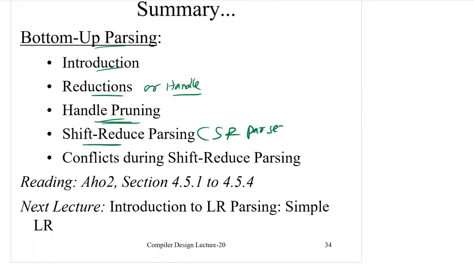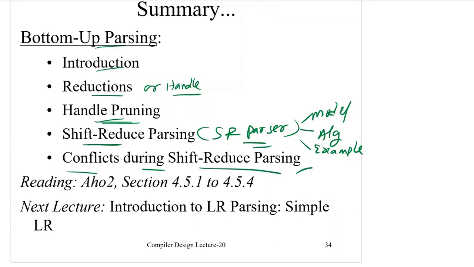We discussed the SR parser model, then the working algorithm, and an example problem was also demonstrated. Finally, conflicts during shift-reduce parsing, that is SR and RR conflicts, with examples. The reference for this is Aho, sections 4.5.1 to 4.5.3.